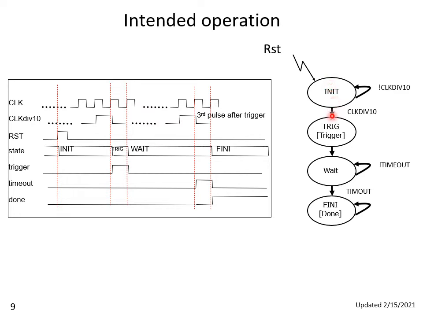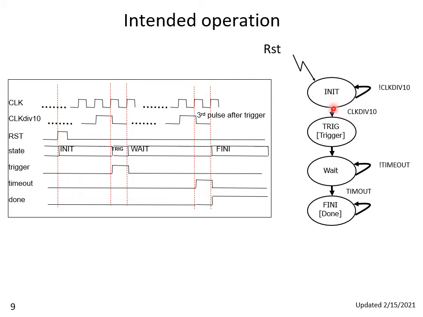I just have a transition that's conditional on the output of the clock divider. So this is another way of representing what I said about the rules for use of the outputs of timers. The output of the timer or the clock divider is used as a control signal for a transition of the state machine. It's not used as the clock input to it.